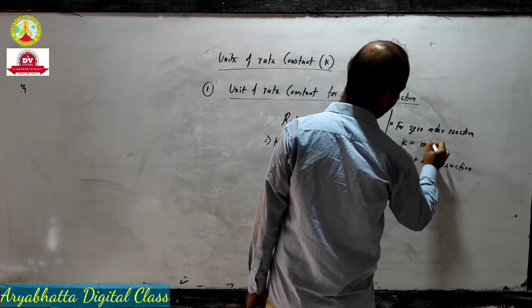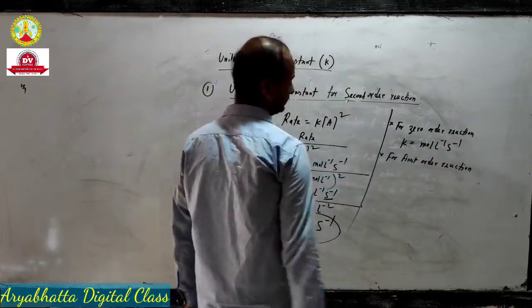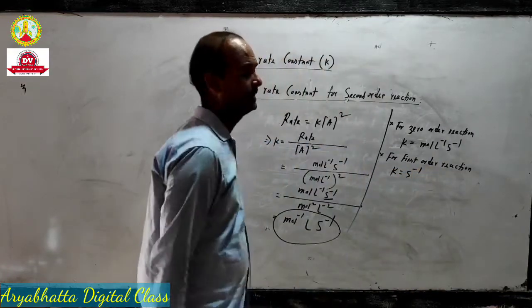It was mol liter to the power minus 1 s to the power minus 1. And for a first order reaction, the unit of the rate constant was s to the power minus 1. Clear?